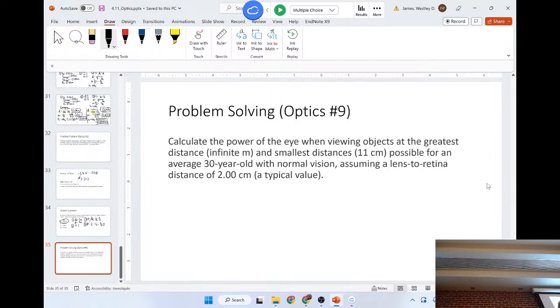A better way to think about this is that everyone in this room, assuming visual acuity, can see the sun. Everyone in this room can see the moon. The moon is really far away, but it's really big. So your eye can easily pick up objects far enough away, assuming that they're still big enough to see.